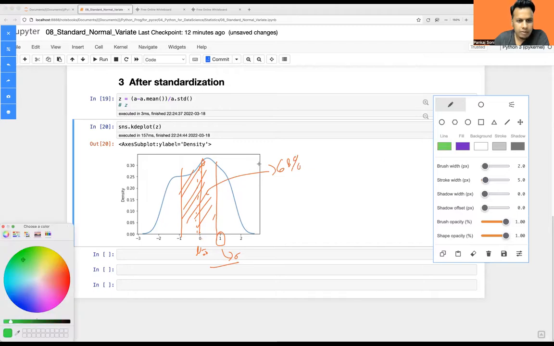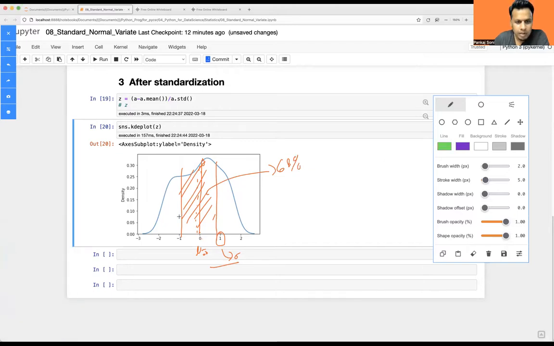Okay. Now if you talk about mu plus minus 2 sigma, right? That is from here to here. So how much data will be coming under this category? From overall data, I can say 95% data falls between mu plus minus 2 sigma, and this will be plus minus 1 sigma.